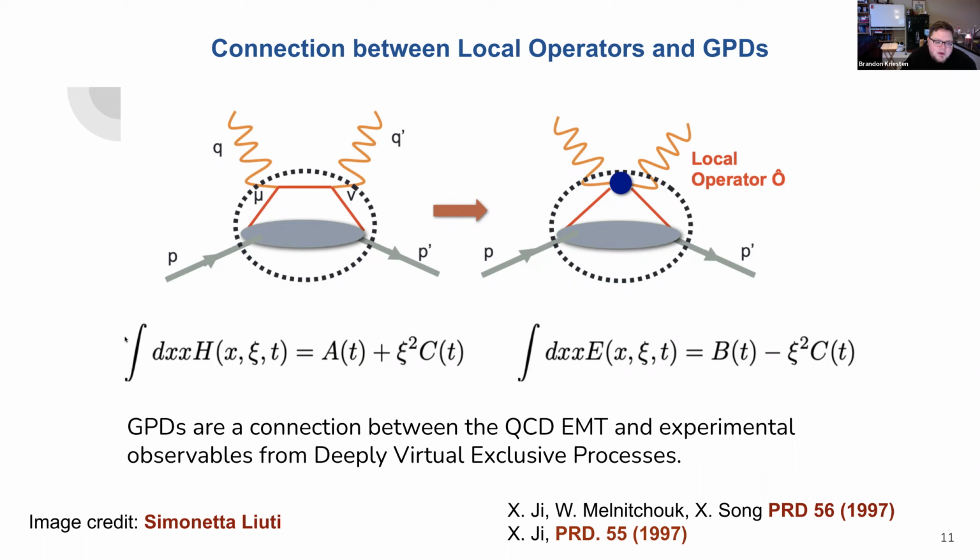So for instance, the integral of the first Mellin moment of the GPD H gives you the gravitational form factor A plus the C form factor, and similarly for B. So GPDs represent a direct connection between the QCD energy momentum tensor and experimental observables from such exclusive processes.